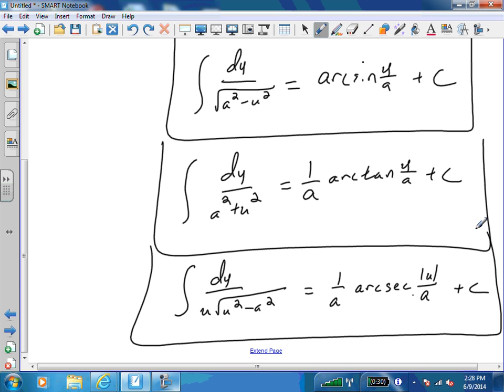Now, a couple things that are important to note. A is a constant that's just going to be a number, where u is essentially a function. It contains a variable.